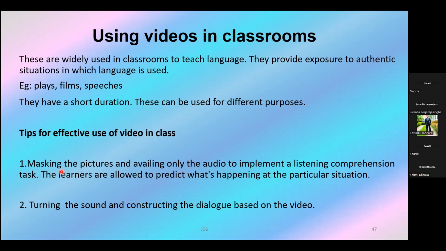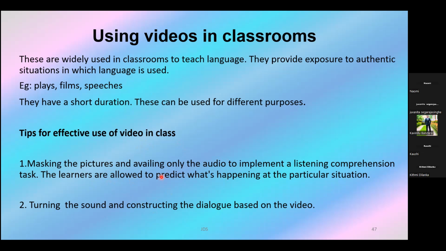Masking the pictures: activities where the pictures are hidden and only the audio is played. Masking activities can be done to promote listening skills, right? So no picture, they have to just listen to the audio and complete the task. We need to prepare the task well ahead.